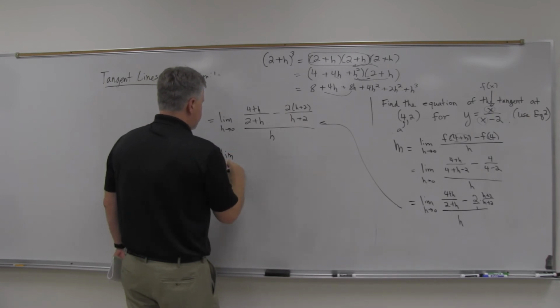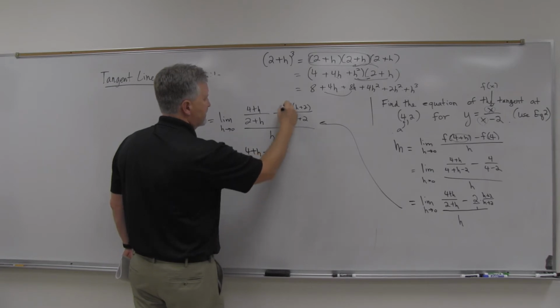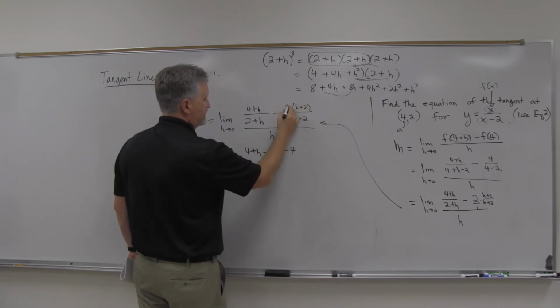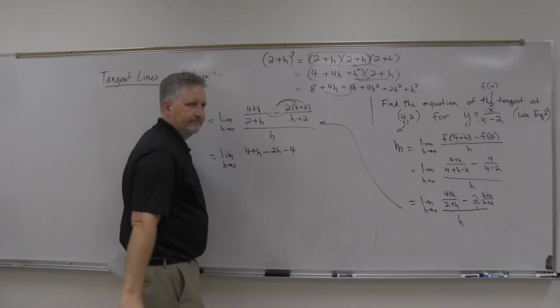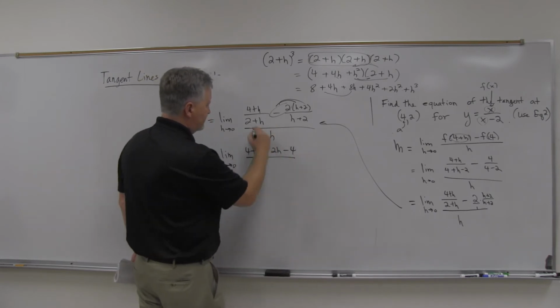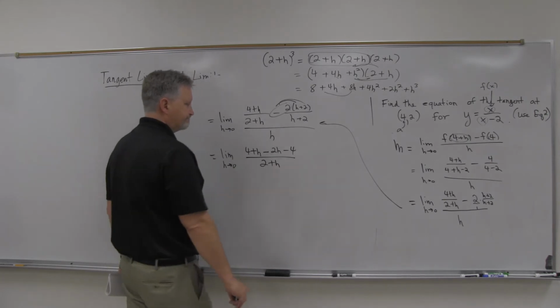Limit as h approaches 0 then, it'd be 4 plus h minus 2h. You've got to be careful with your signs because it's really minus 2 there that we're distributing. Minus 2h minus 4 over 2 plus h, or h plus 2, that is a common denominator.